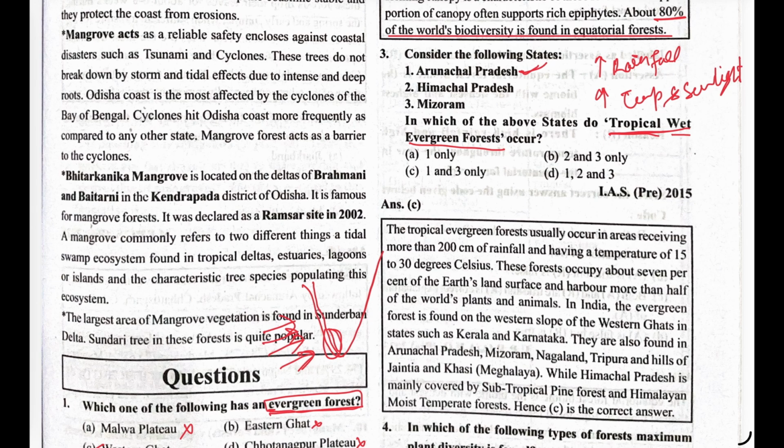Himachal Pradesh does not have much rainfall, plenty of sunlight, or high temperature, so this is not true. And Mizoram is also a place where we can see high rainfall, temperature, and sunlight. So 1 and 3 is the correct option.